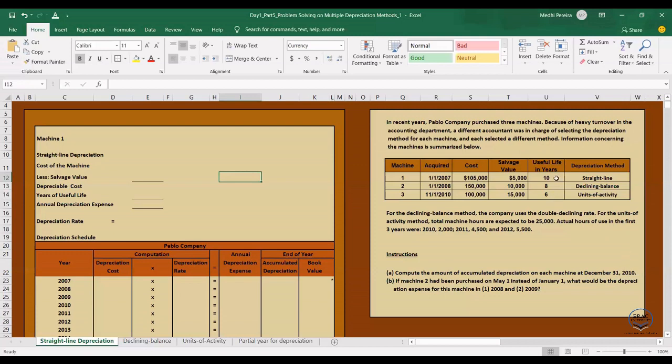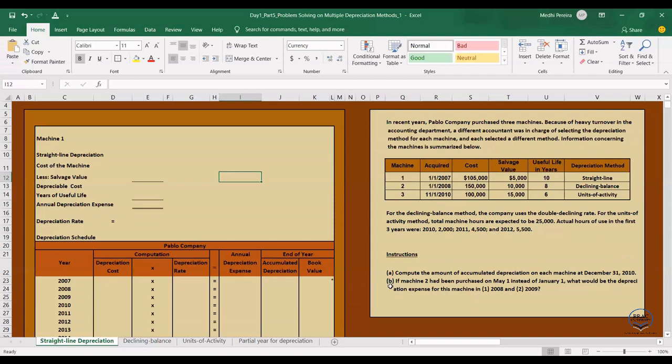So we don't have to do the maths for the entire useful life. Rather, we will have to do it for a few years. For machine 1, it is only 3 years. For machine 2, it is only 2 years. And for machine 3, it is only a few months. So now let us see how we can go about it.